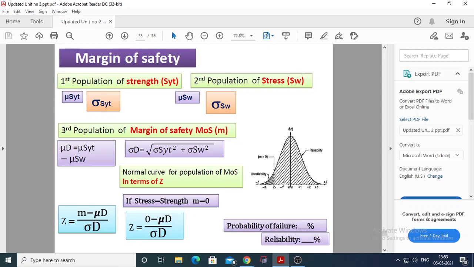The stress is greater than the strength, indicating failure. You should remember the area below the margin of safety curve from M equal to minus infinity to plus infinity. Then you have to calculate the probability of failure or reliability percentage with the help of that margin of safety.